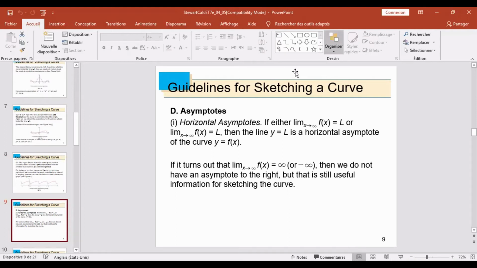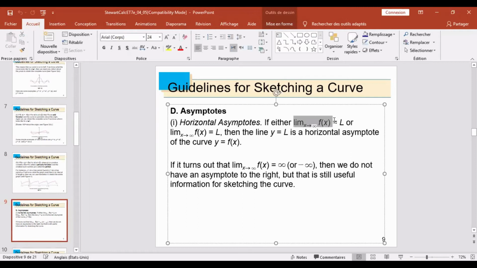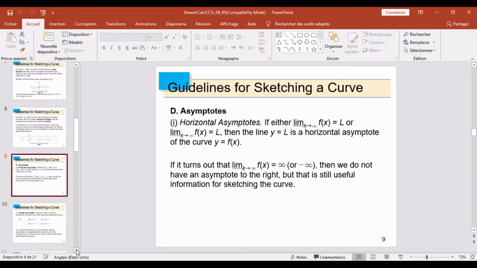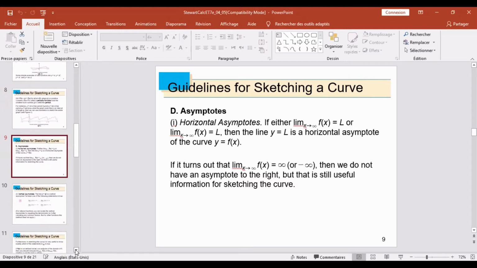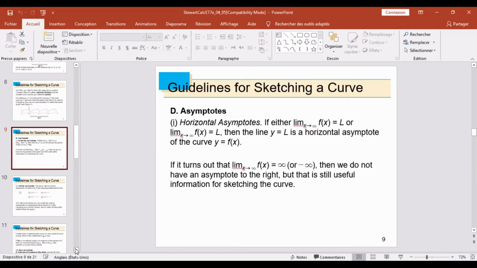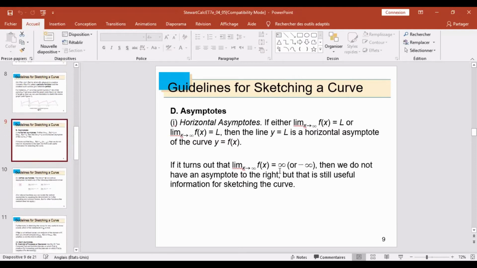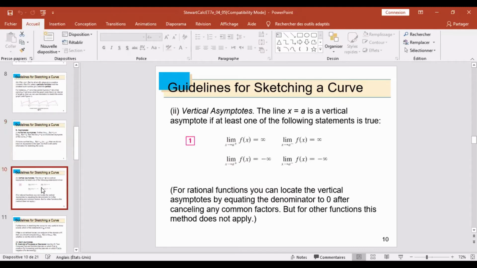That means when x is large enough, your function is close to capital L. If the limit is infinity, then we don't have any asymptote, but it means your function becomes large when x is large.